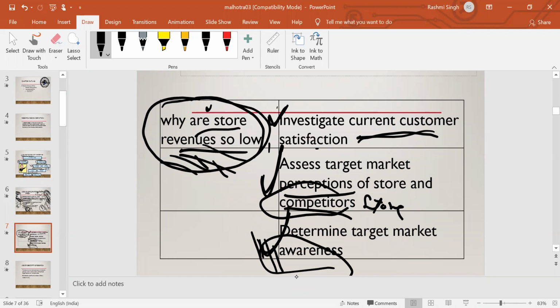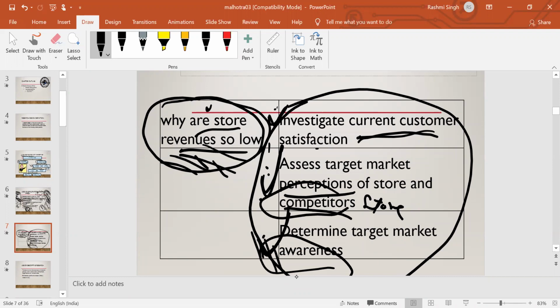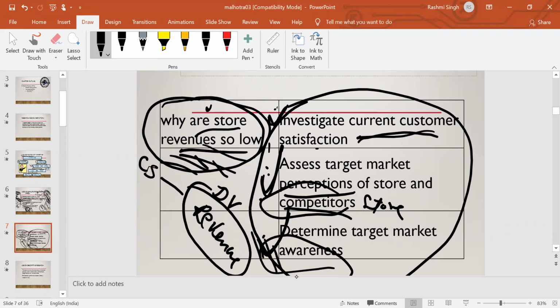After performing the exploratory research, you come up with different variables. What are those variables? Here you will write revenue, and revenue will act as your dependent variable. And what will be your IDV? Your IDV is customer satisfaction. You are trying to identify the relationship between customer satisfaction and store revenue.